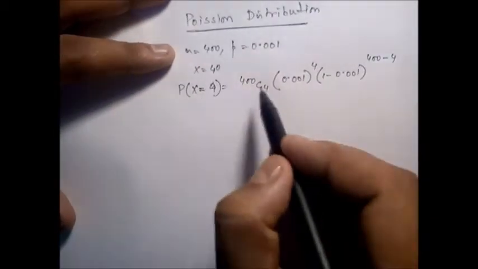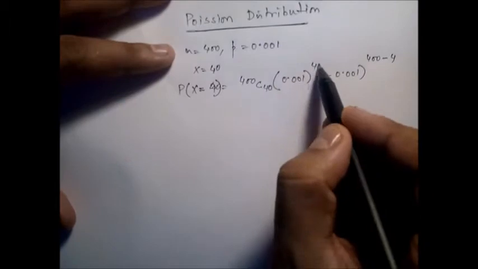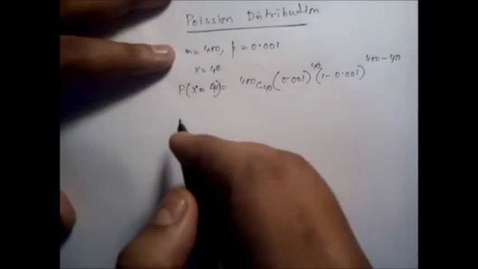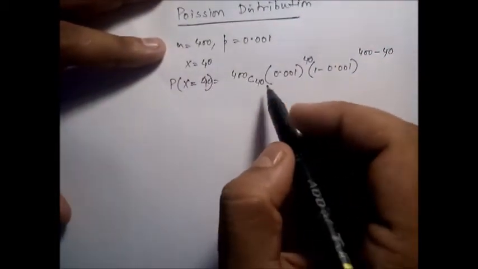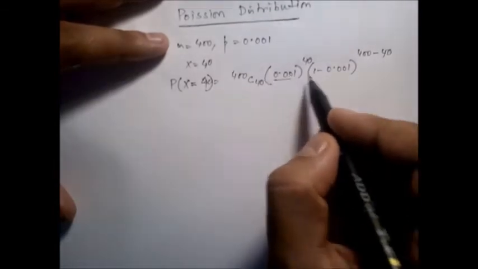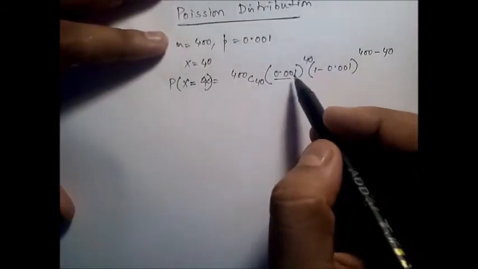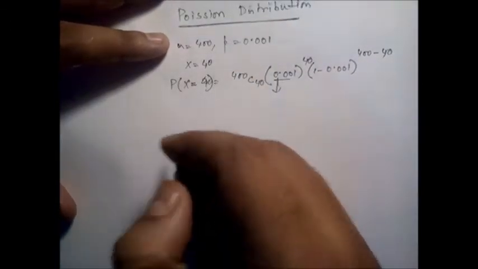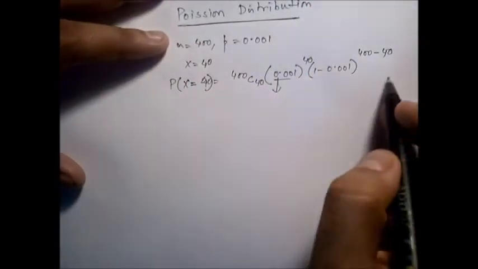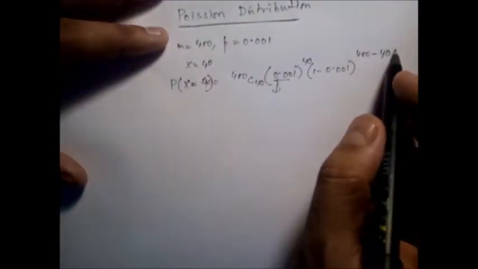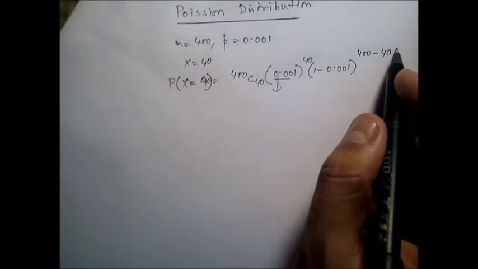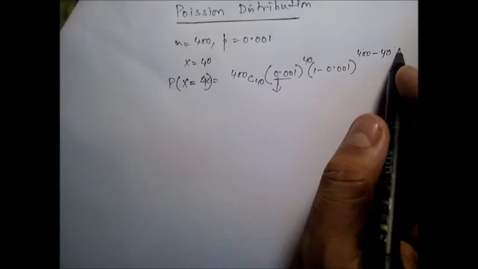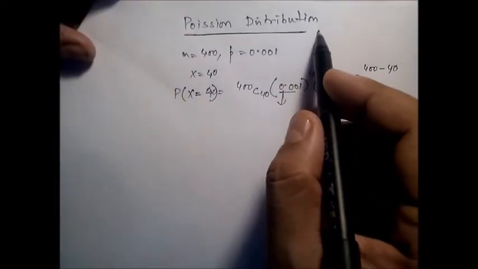Or if it is say 40, you can imagine these are very small numbers, and powers of a small number become even smaller. So in this case we need something different, a different probability mass function. So here we have to apply the Poisson distribution.